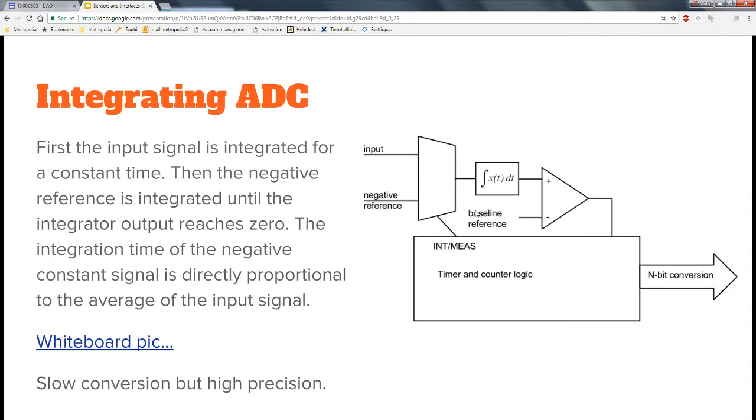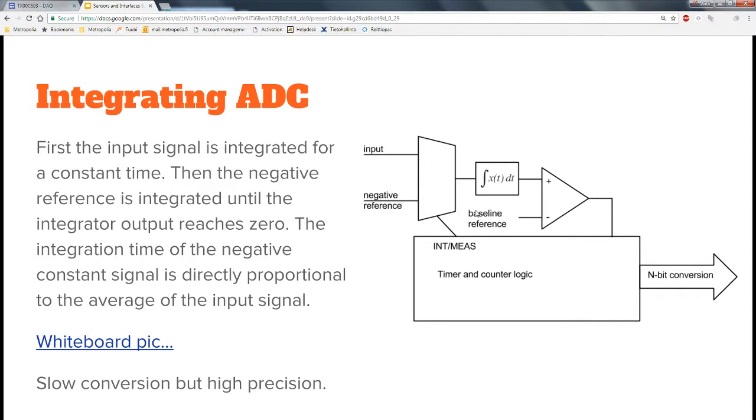So if we had a device that makes a perfect time integral of the signal, and then an analog multiplexer, this box here, first we select the input signal and start integrating it for a given, constant time.